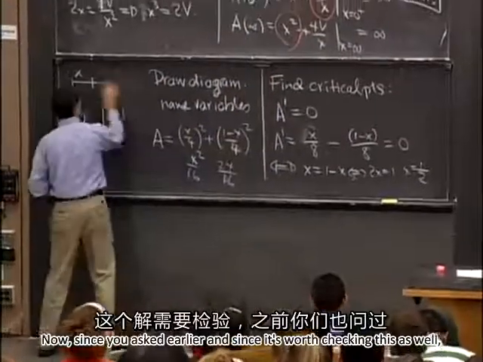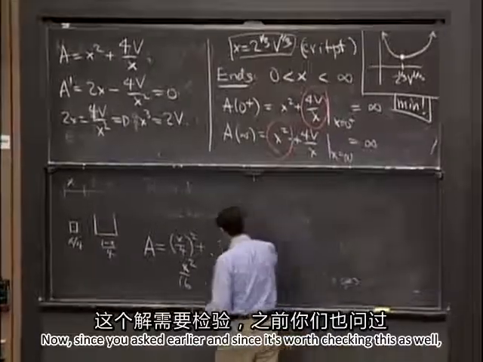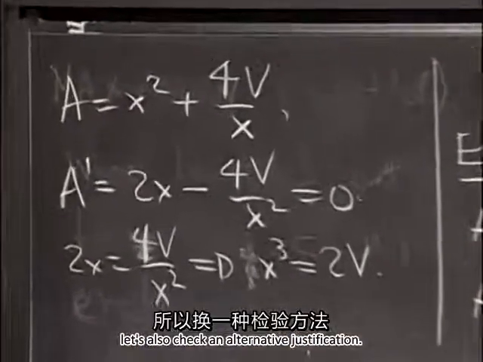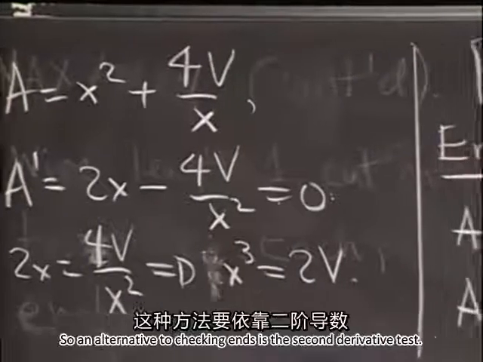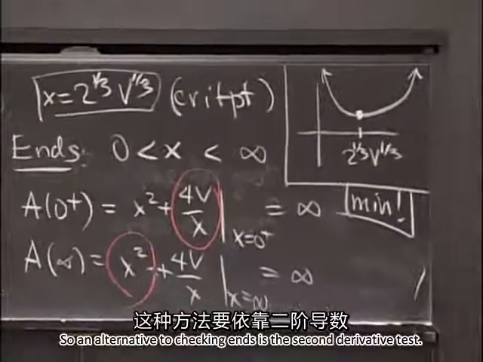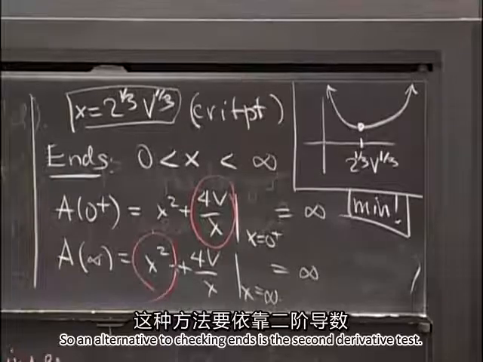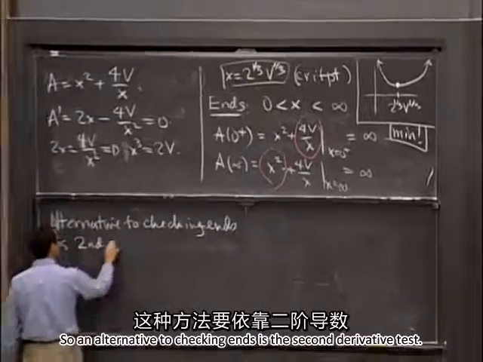Now, since you asked earlier, and since it's worth checking this as well, let's also check an alternative justification. An alternative to checking ends is the second derivative test.